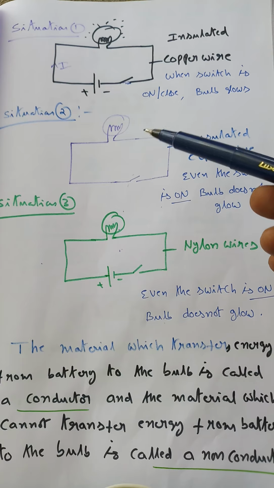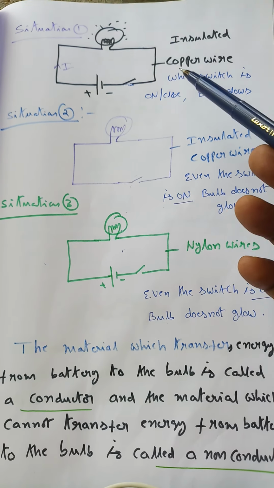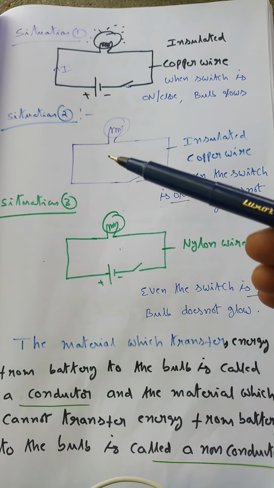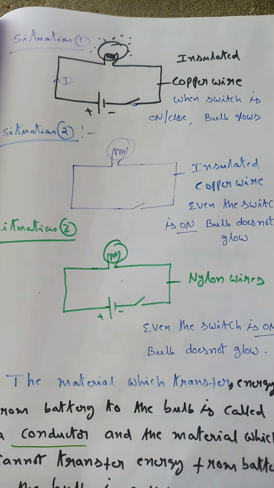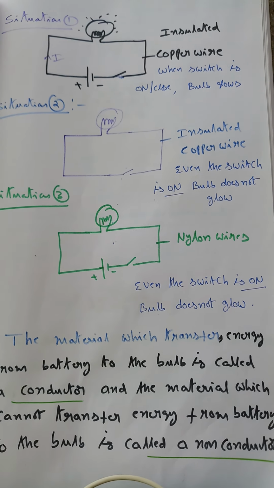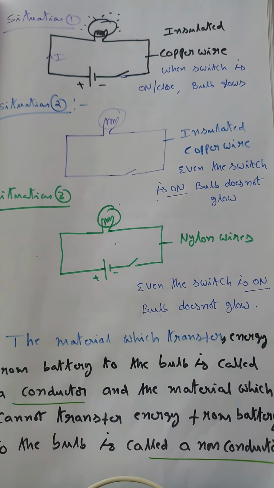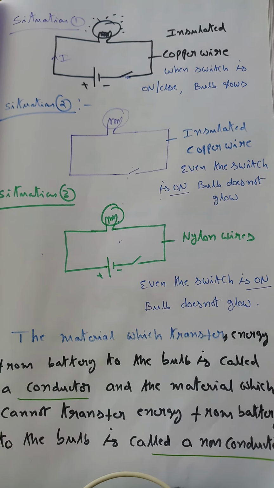So these three are a must for making the circuit. Conducting wires means metallic wires or other conducting wires, a closed circuit, and a source of power, that means a battery, generator, etc., must be present.